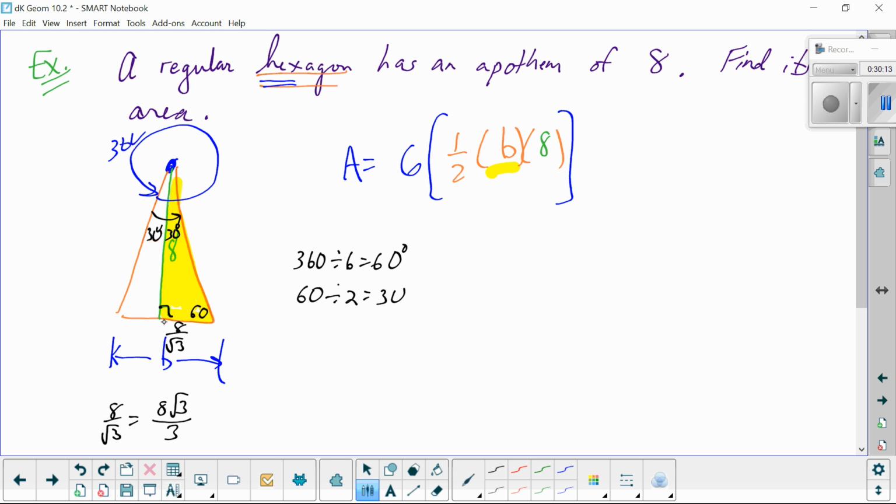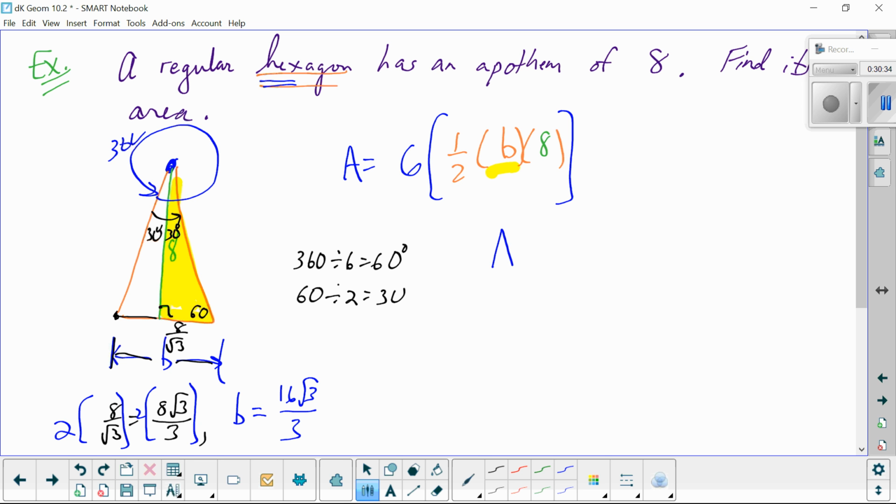So that was just for the yellow triangle's small leg, but we have to double that to get the base. So the base is equal to 2 of those, and 2 of those is equal to 16 radical 3 over 3.